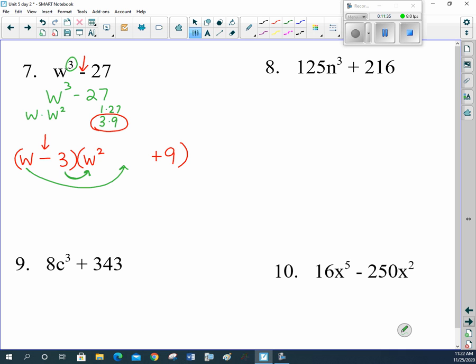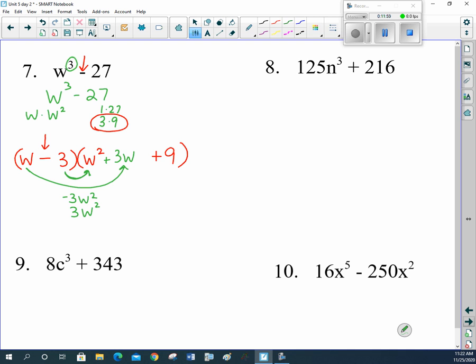So what could I put in here? So I've got this negative 3w squared. What could I multiply w times so that it would add to 0? Well, what if I did 3w? W times 3w. So if I put a 3w here, that would make 3w squared.